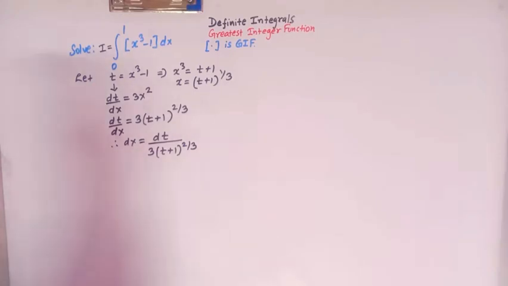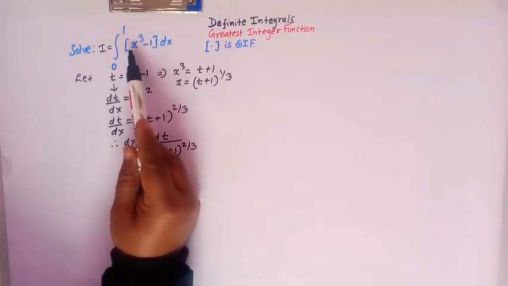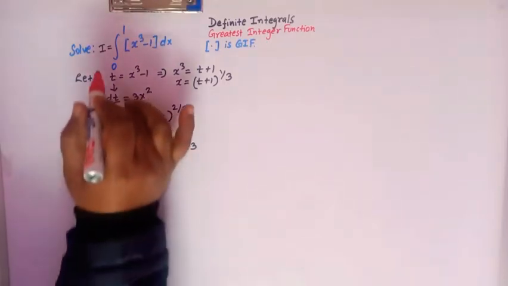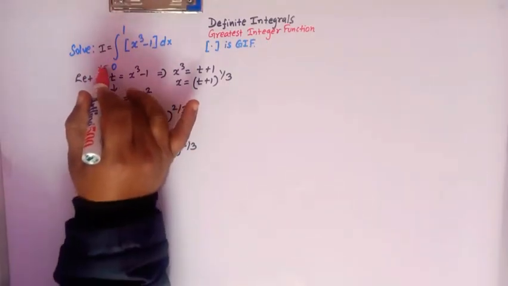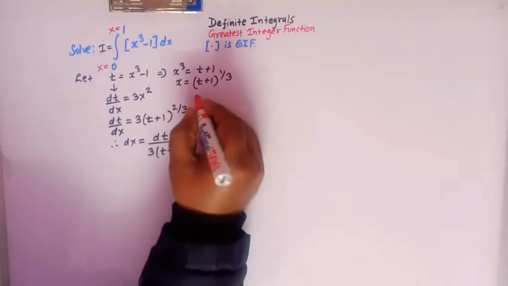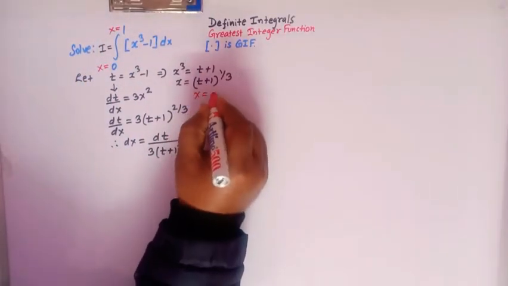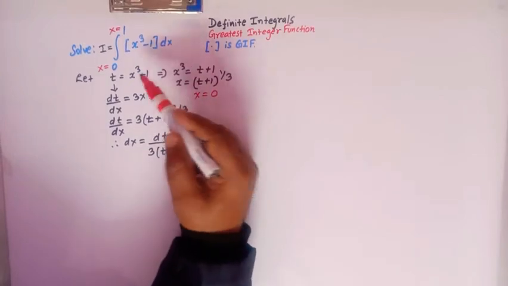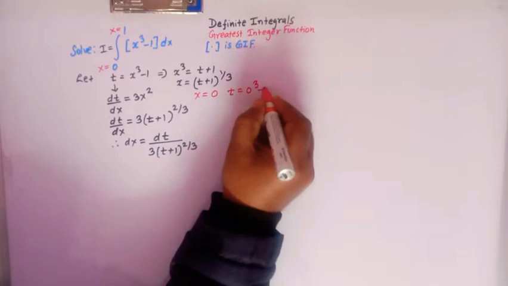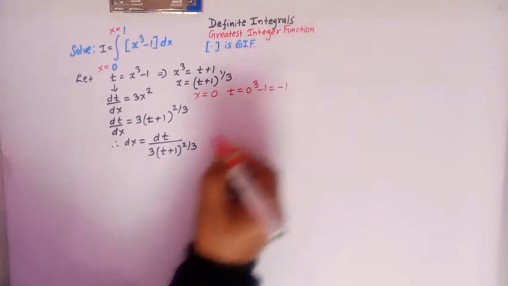Now see here we are changing the variable from x to t, so let us accordingly change the limits. Here x varies from 0 to 1. When x is equal to 0, the value of t is 0 cube minus 1, that is minus 1.